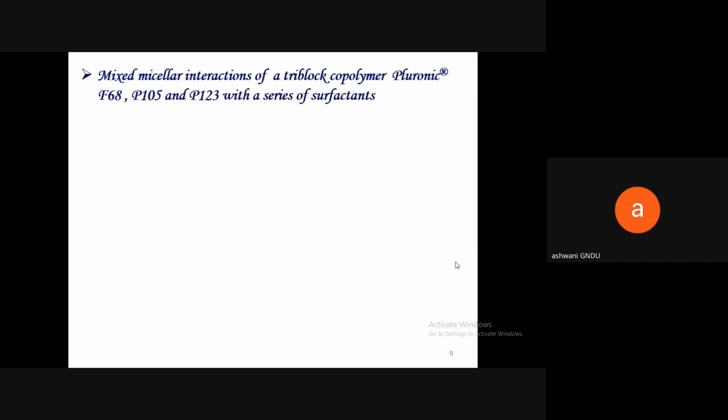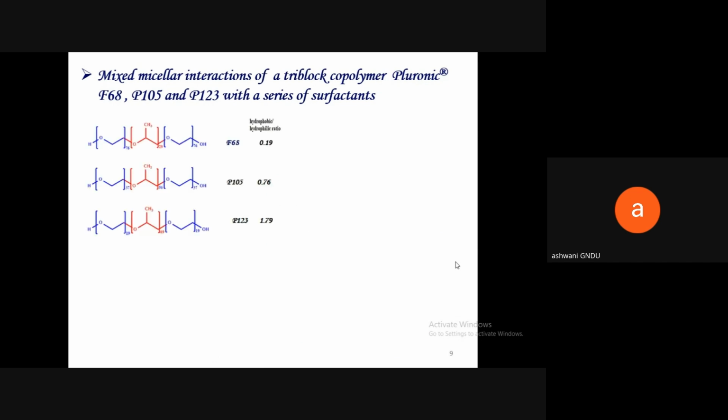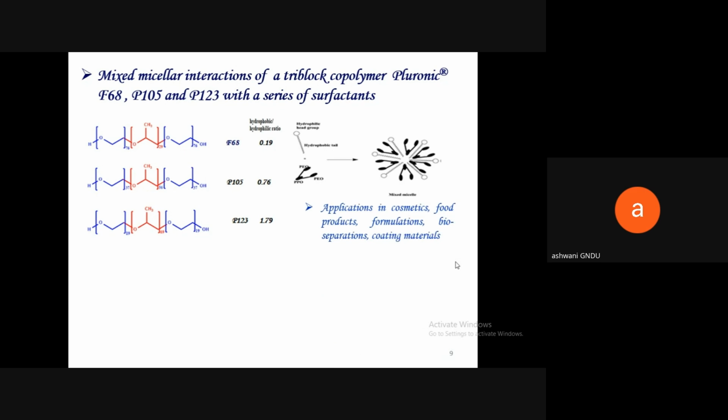Then we have studied non-ionic surfactants with the ionic surfactant. These are the 3 types of non-ionic surfactants we have chosen. We have their hydrophilic chain and hydrophobic chain ratio. This is how they interact with the conventional surfactant to form the mixed micelles. These non-ionic surfactants have been found to be useful in the food industry and bioseparations.